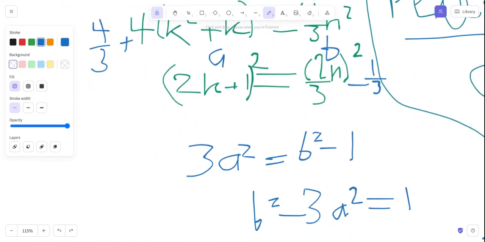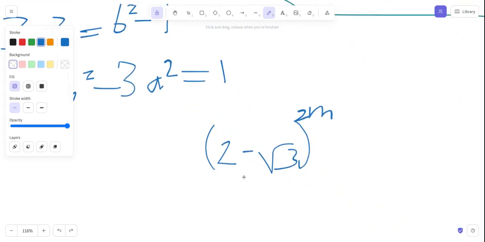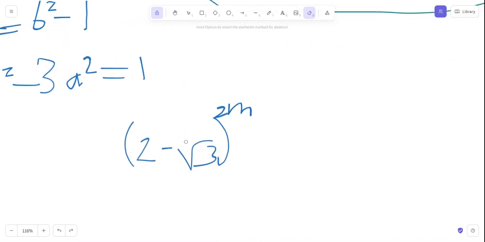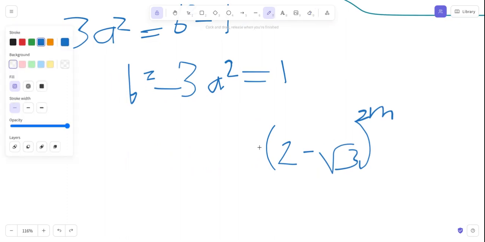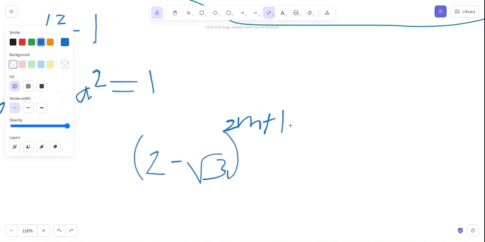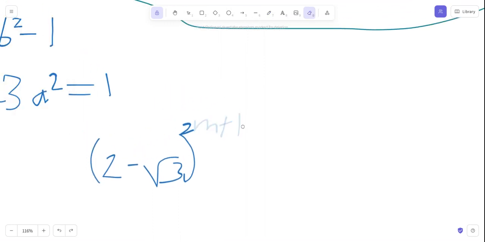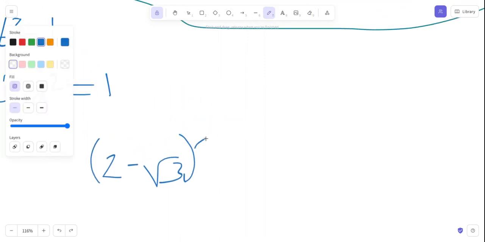We need b being even, which means we would start with 2 minus root 3 and then multiply it by some even power of itself. So we need some odd number m. That's equivalent to, if you square this once, you would get 7 minus 4 root 3.